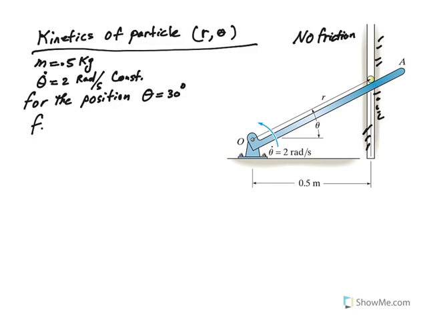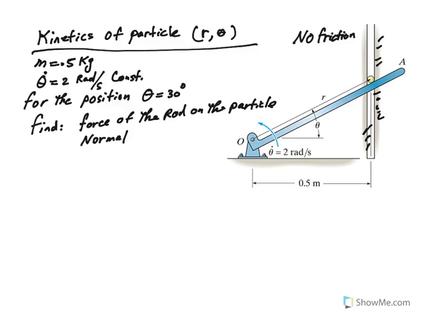We want to find the following: the force of the rod on the particle, meaning rod OA. I'm going to draw a free body diagram in a minute, and also find the normal force of the slot on the particle.